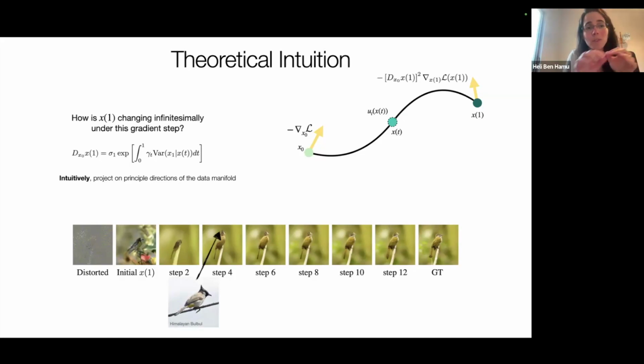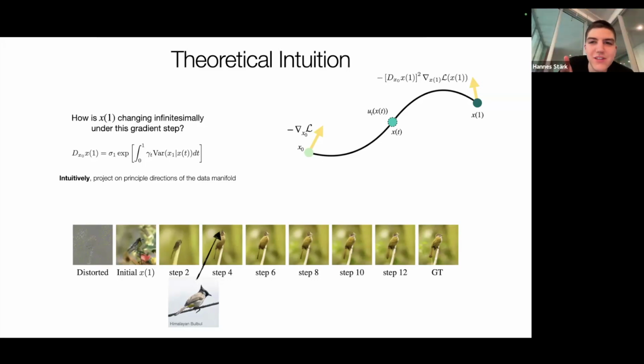So in a sense, we move on the data manifold as we optimize. I think that's a very nice example of the dynamics of this optimization, which are injected through the generation process.